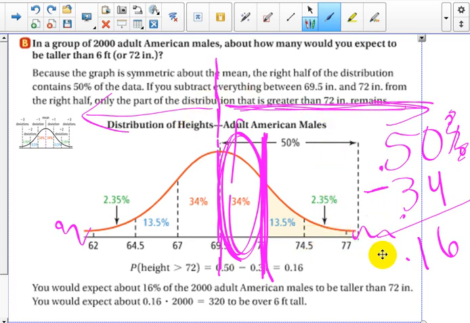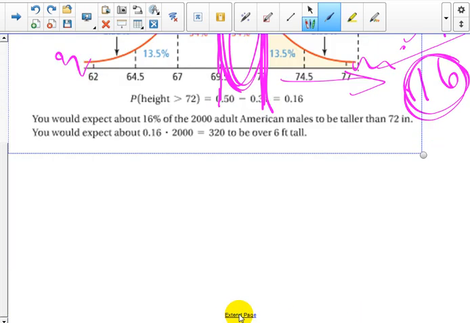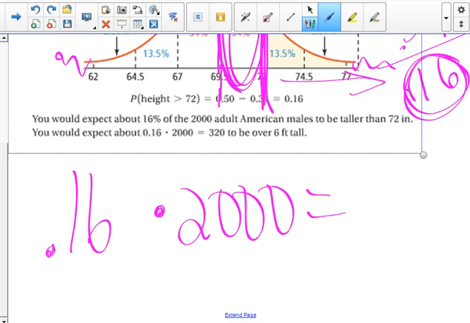Okay, so how many males did they tell us again? So we know about 16% of the males are over 72 inches. They said in a group of 2,000. So 16% of 2,000. And remember, when we say of, it means multiply. So 16% of, multiply, 2,000 is our answer.